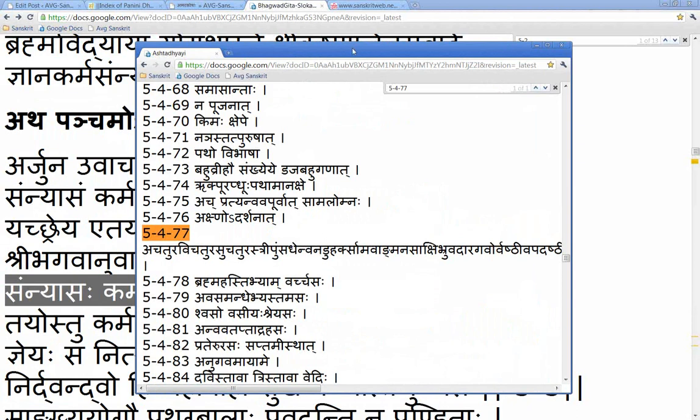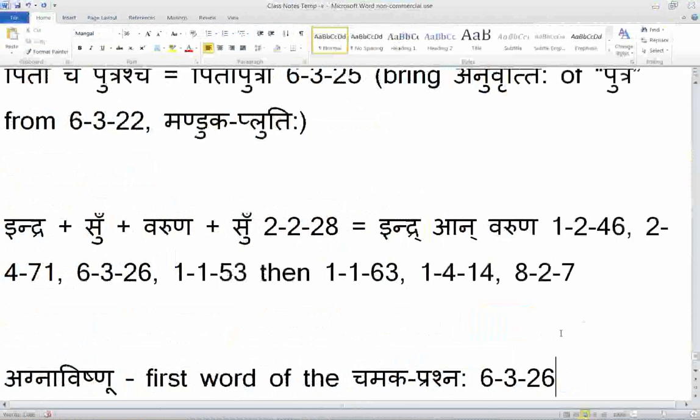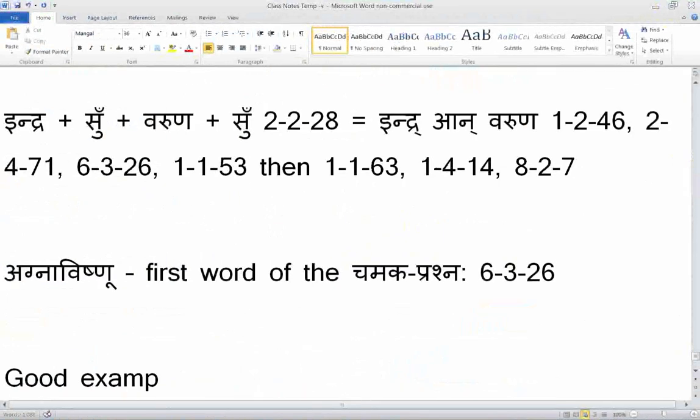It is a good example in the Gita. But this is not a dvandva samasa, so we won't go into details today. Sutra 77 is verse 5.2, nishreyasakarav ubhau.